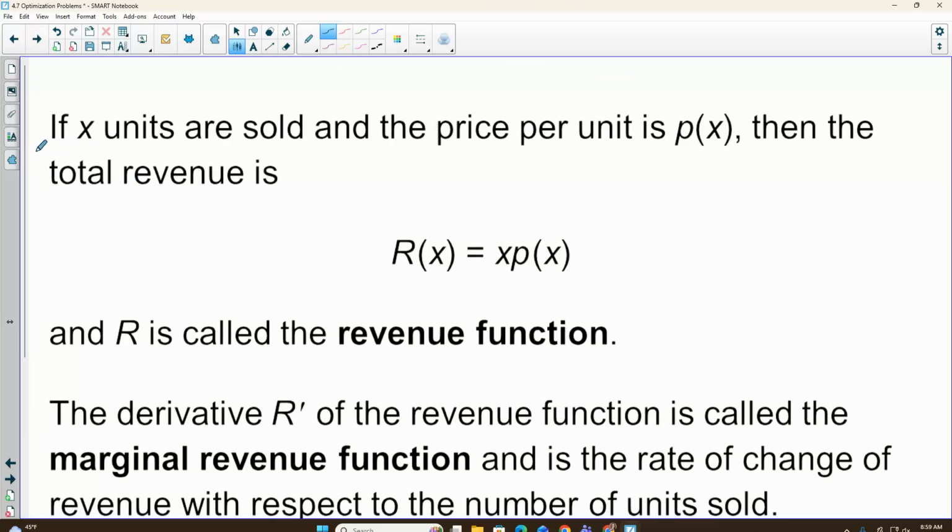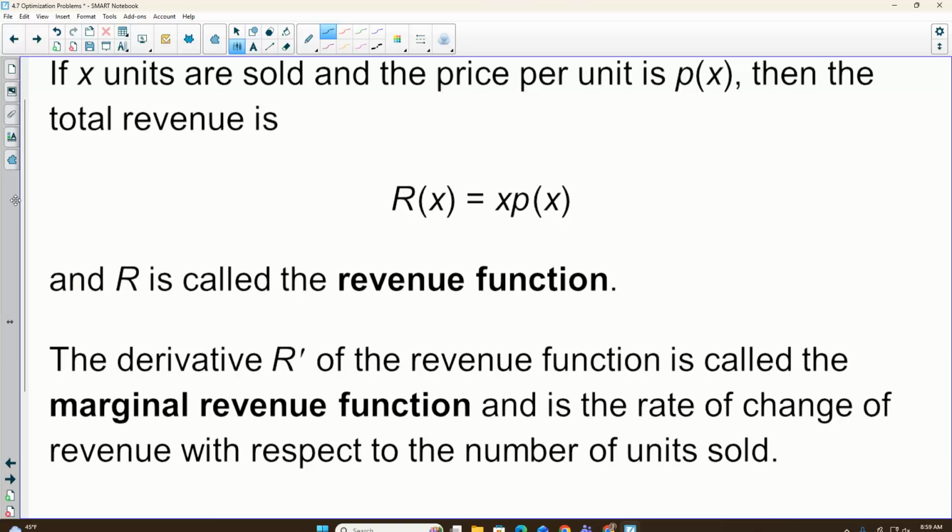All right, so revenue is the amount of money you bring in. So if I'm selling 10 items for $50 each, to get the amount of money I bring in, what would you do? Multiply it, right? So in general, revenue is x times p of x. x is the number of items we sell times the price per item.